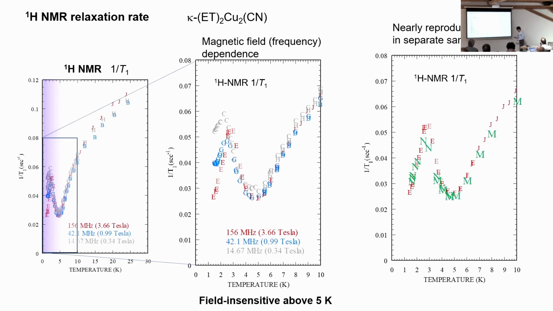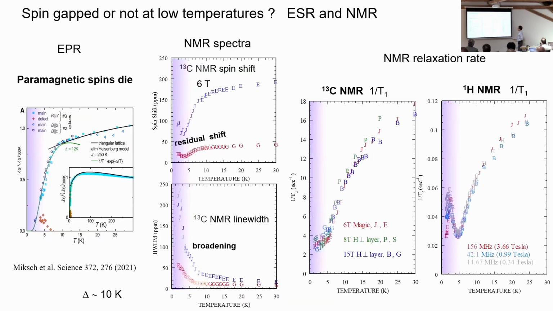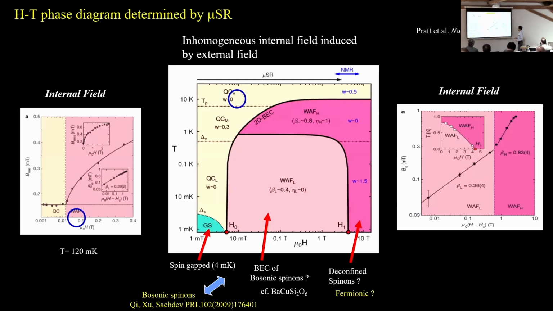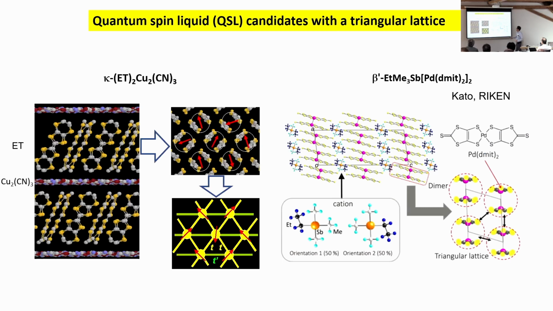The proton is at the edge of the molecule, and here, this is not drawn. The proton is here and here, at the edge. So the hyperfine coupling is very small, very far from the spin.